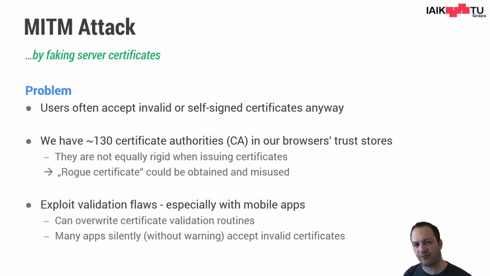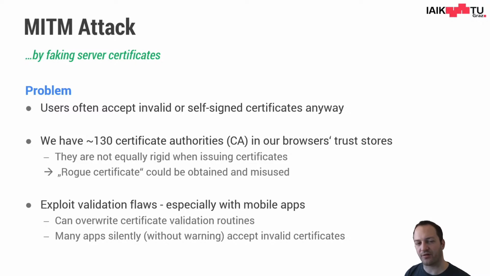It works basically by user weakness. The weakest point in this chain is the user, and effectively users often accept invalid or self-signed certificates. That's an issue that's been investigated in a couple of studies, and attackers also know about this and try to trick users into saying, well, you get an error message in your browser, but probably you want to continue anyway. And apparently a lot of users do.